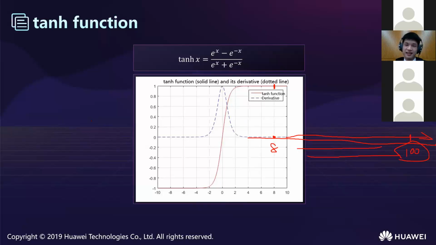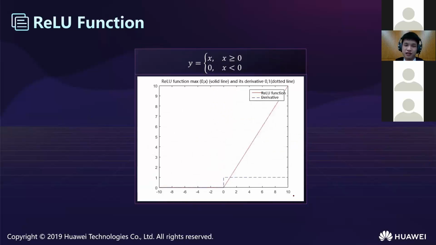So how to solve the problem? You can use another activation function. It's called the ReLU activation function. The ReLU is very, very easy to understand. If the input is smaller than 0, the output will always be 0. And if the input is bigger than 0, the output will equal the input.